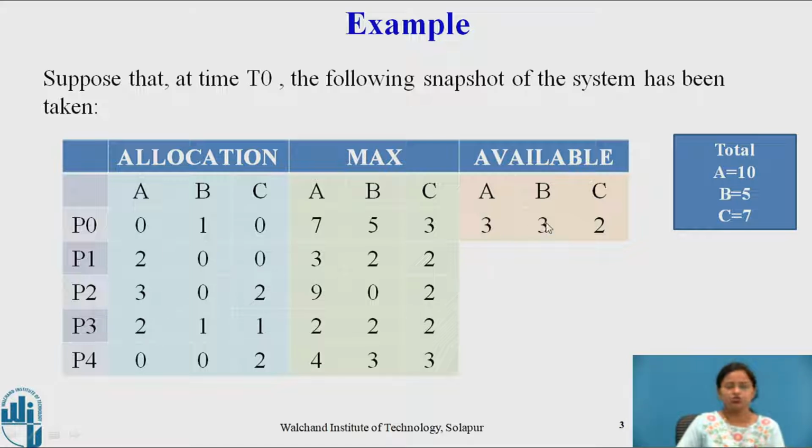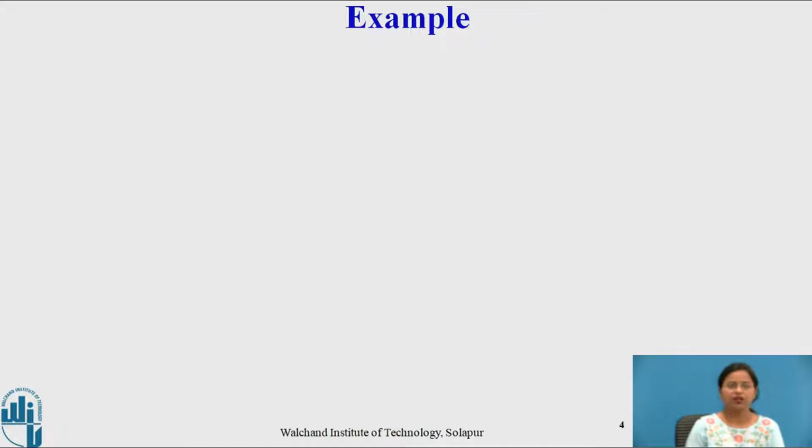So 5 minus 2, 3 are available. Similarly for C, from 7 instances, 2 are allocated to P2, 1 is allocated to P3 and 2 are allocated to P4. So 7 minus 5, only 2 instances are available. So this is the snapshot at time t0 for all the processes and the resources.